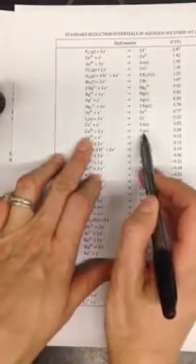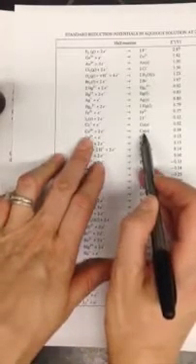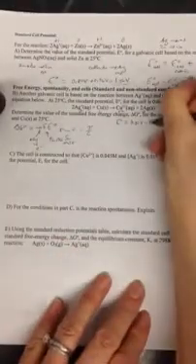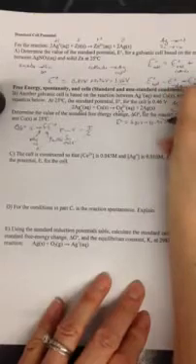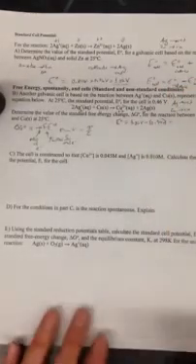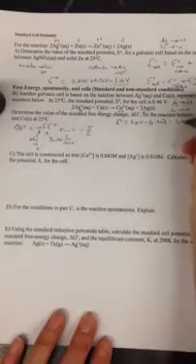This is copper going to copper +2, so we need to make sure we look at the right one. The table has copper +2 converting to copper, which is the reverse, so we take this 0.34 and put it there, and our difference will be 0.46 volts.